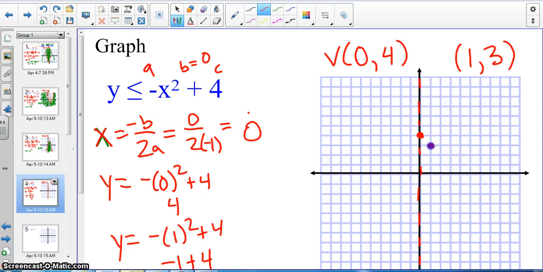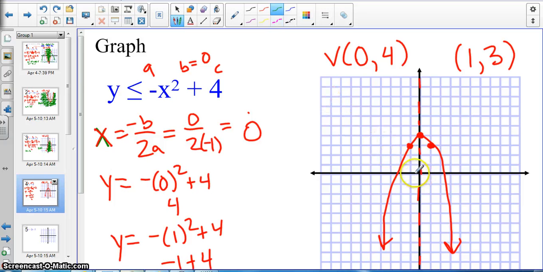I can plot that. Now we can plot our reflection point. I was 1 unit away on the right side. I can go 1 unit to the left side. This is less than or equal to, so it's going to be a solid line. So now all we need to do is figure out where to shade this.